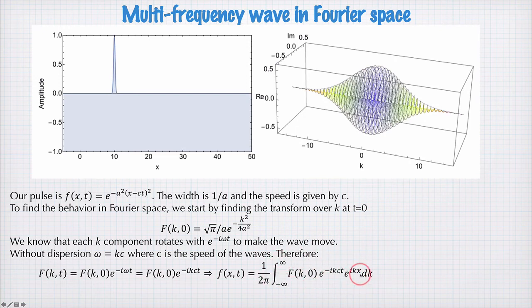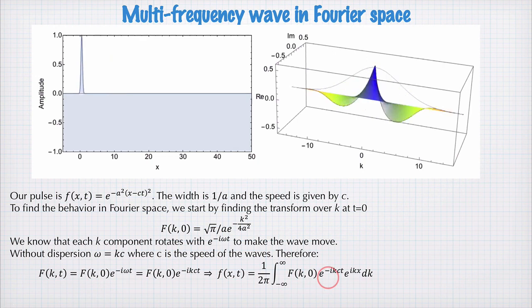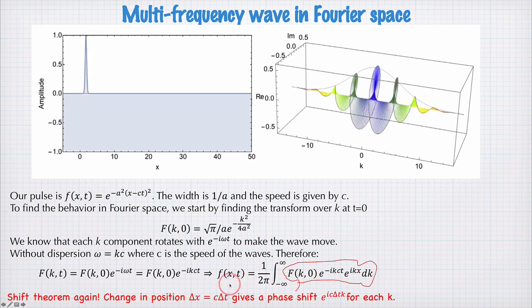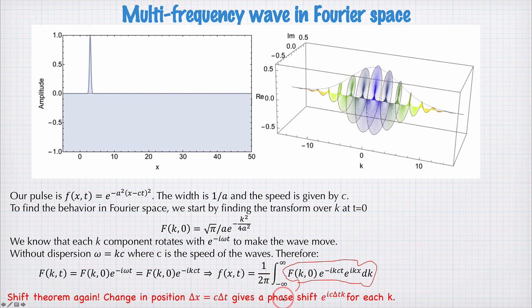And so this is now our wave expressed as a sum, or rather an integral, over all the different k components given with these amplitudes here, and this phase shift here, which depends on the distance that the wave is propagated, or the time for which it is propagated. And so this is the shift theorem again, in other words.